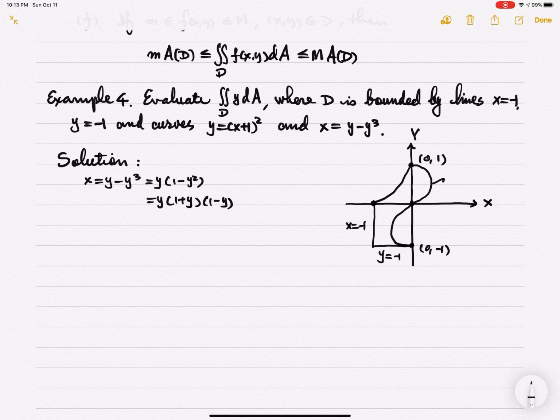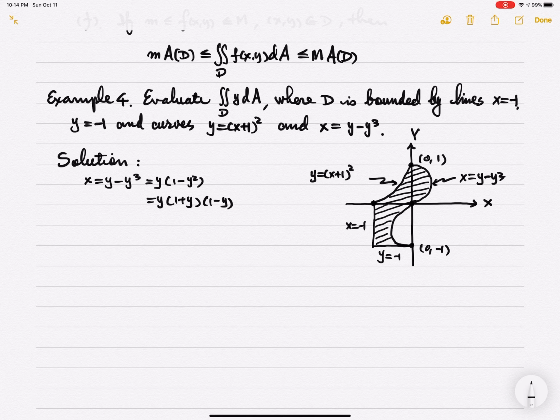Okay, so this curve is x equal to y minus y to the third, and this curve is y equal to (x plus 1) squared. So that means this is the region, bounded by those two lines and two curves.